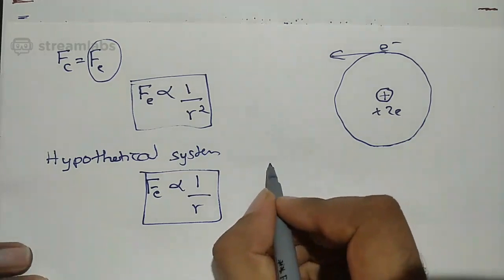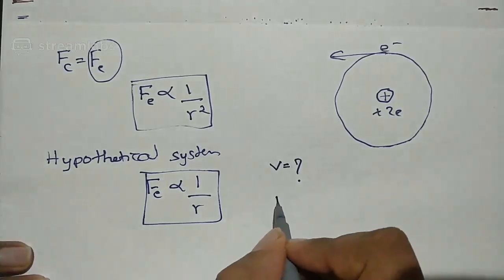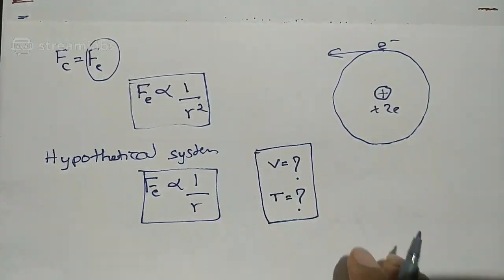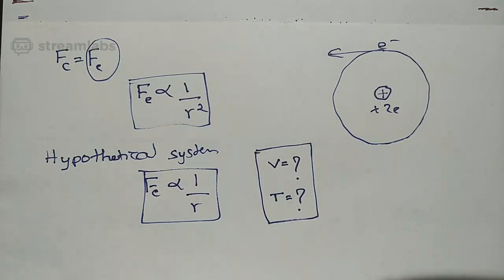My question is, what will happen to the velocity and the time period of the electron? Electron is still revolving around the nucleus, but the force between electron and nucleus is just inversely proportional to R. In that case, what happens to velocity, what happens to time period, you have to tell me in the next class.